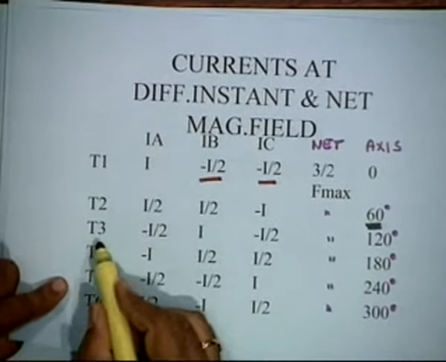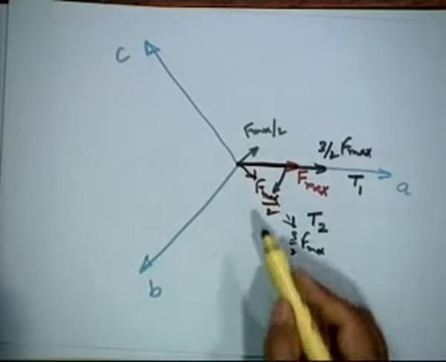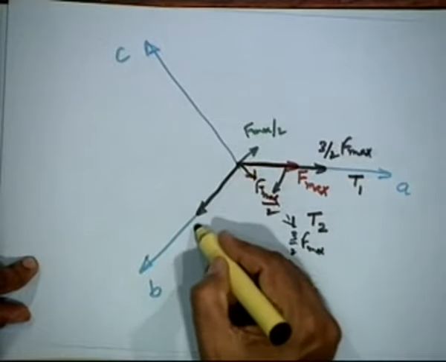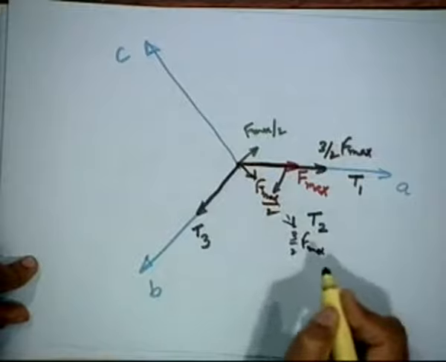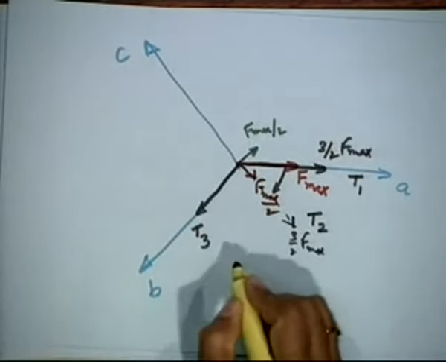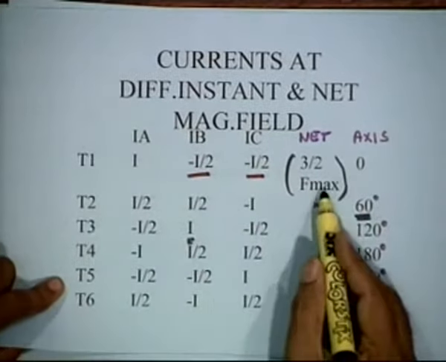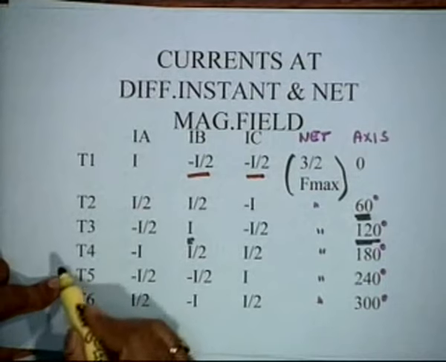Now, same thing at T3: B is having the peak value, same logic, that means it will be centered along the B axis. This will be at T3 with the same magnitude 3 by 2 F max, okay. So, the amplitude will be the same, the net one is 3 by 2 F max, but it will be at 120 degrees at T3.